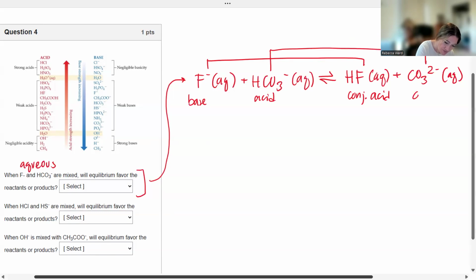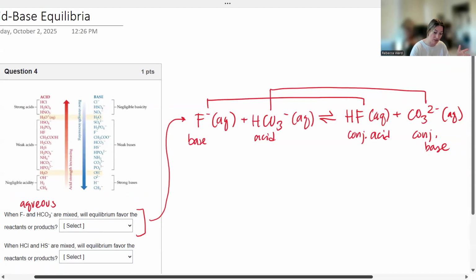Let's write this over here. To decide if we are going to favor reactants or products, we need to compare the strength of the acids or the bases, okay? And equilibrium, our rule here, let's write like really big.